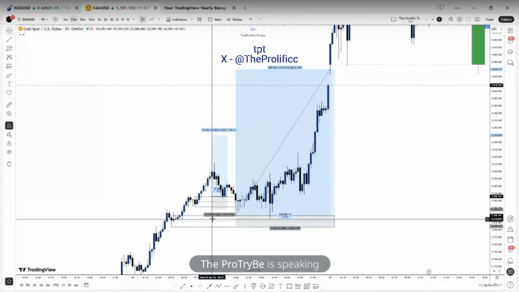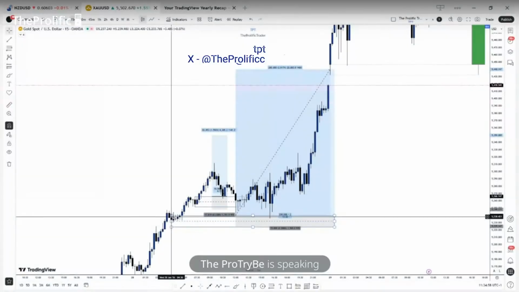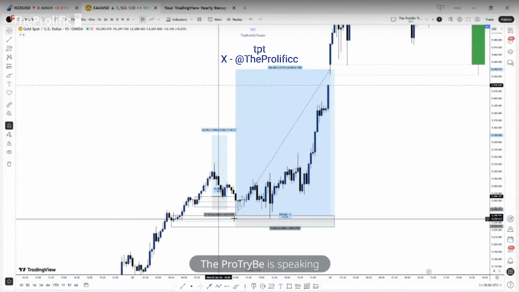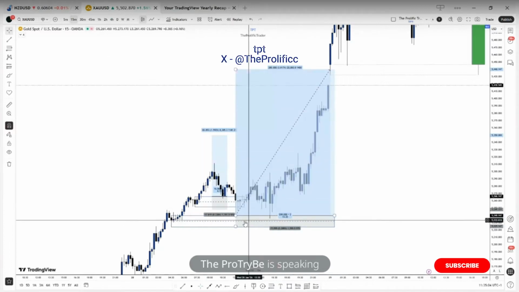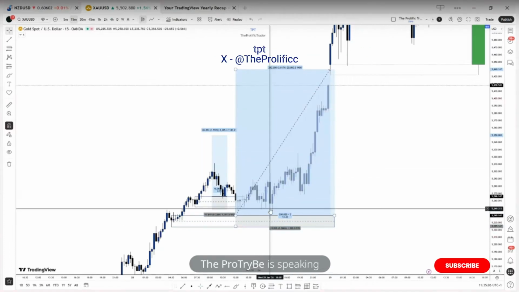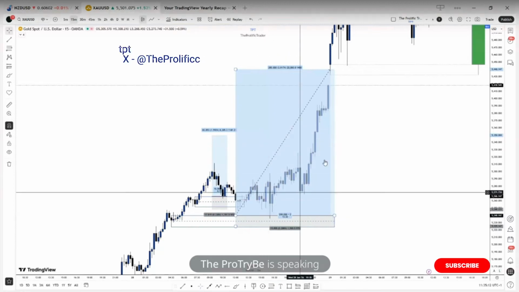So we have this one right here, the second accumulation zone right below, and that's where we took the buys from. Just tapped in, reversed, and then at around 4 p.m. we got a retest, and then all boom.